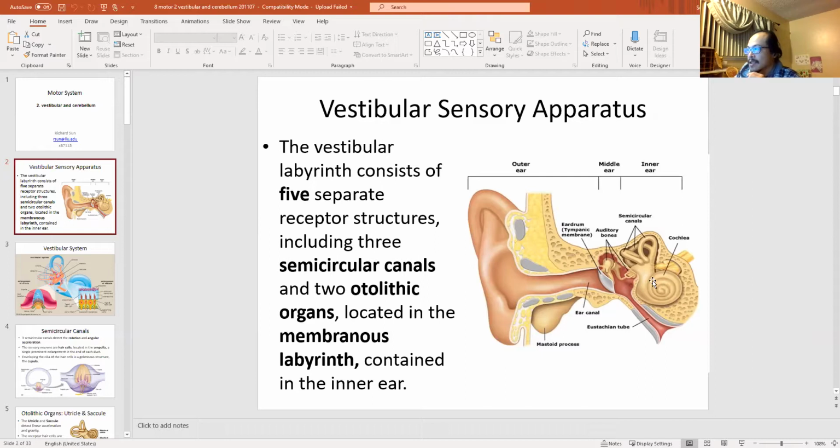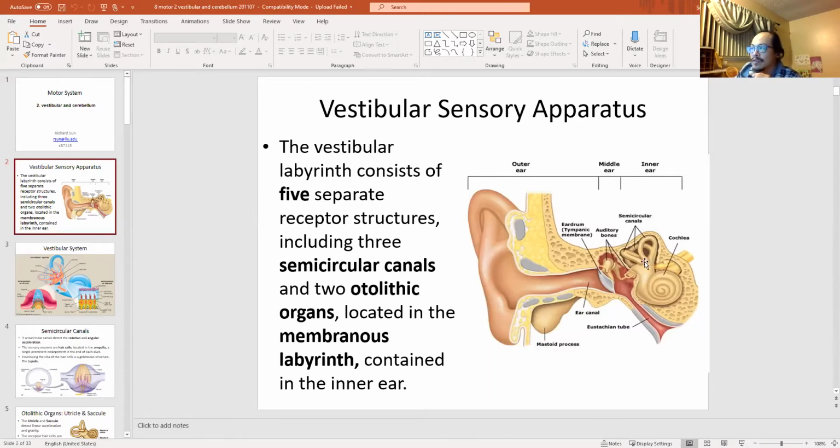So that's the ear for the auditory signal. And very near to that, here we have these three semicircular ducts. Along these ducts, we also have two little chambers containing another sensory organ. These three semicircular ducts include the sensors to detect rotational movement in three-dimensional space.